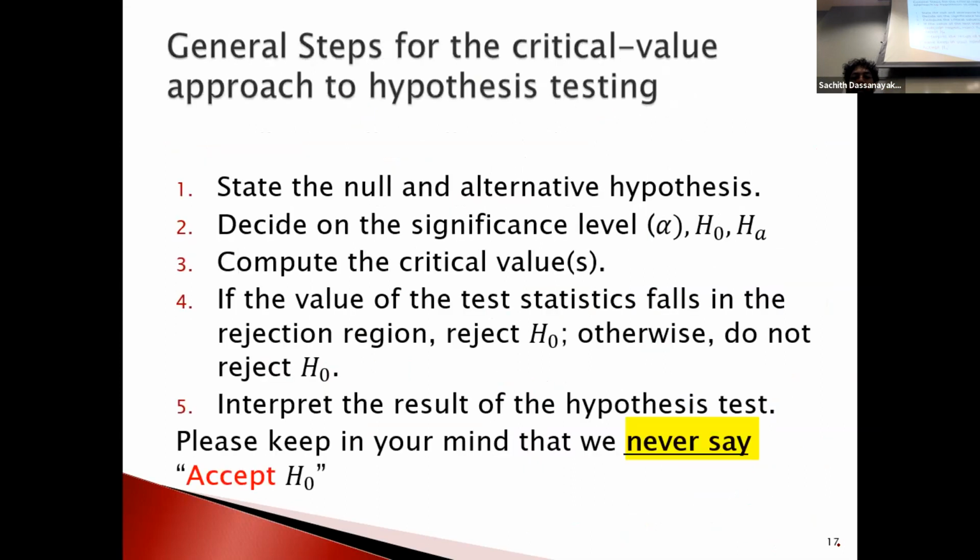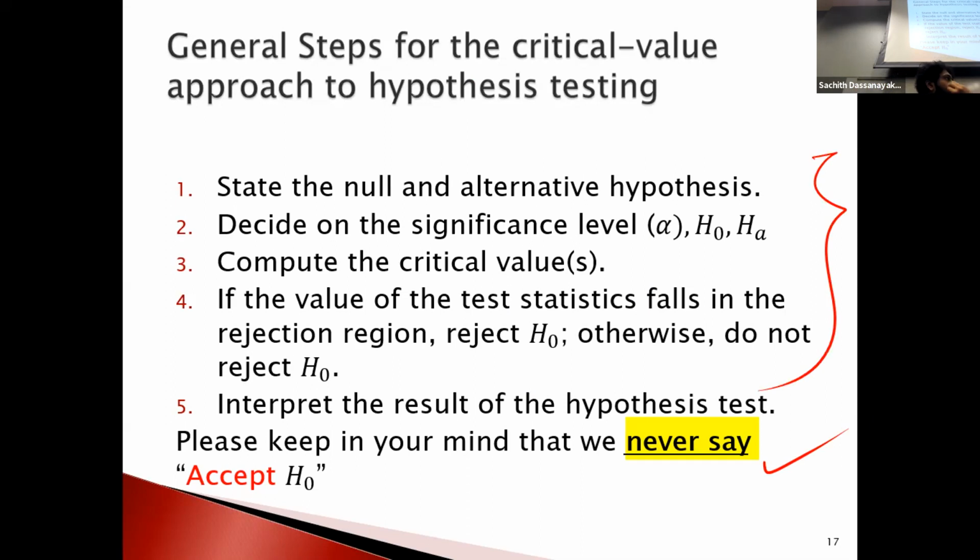So this is a summary, but please take the last one. Please keep in your mind that we never say accept H naught. Please remember this one. This is something you must know. All other things I have already explained, so I'm not going to explain that again.